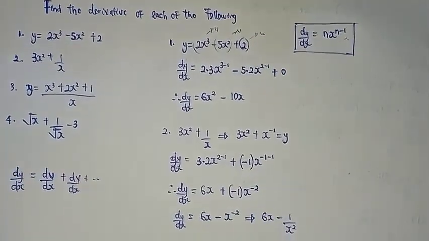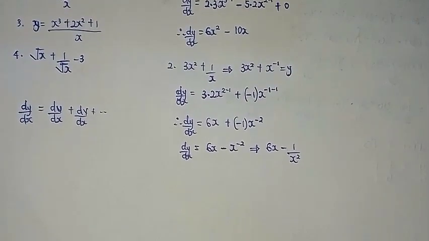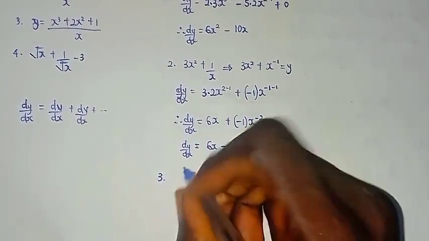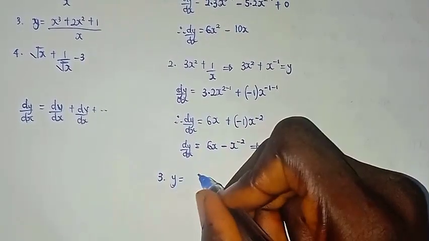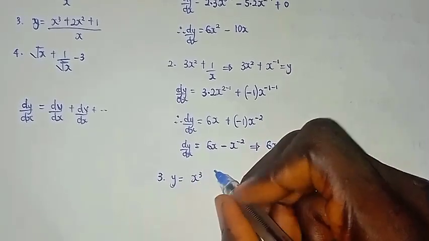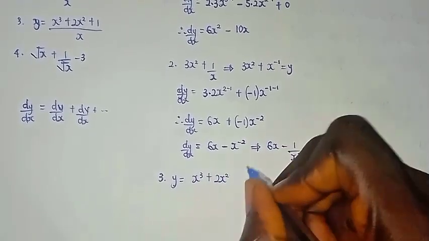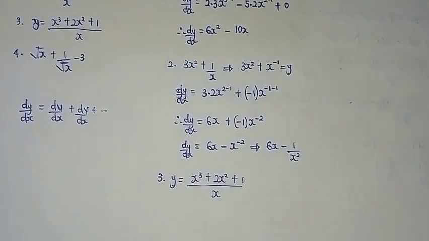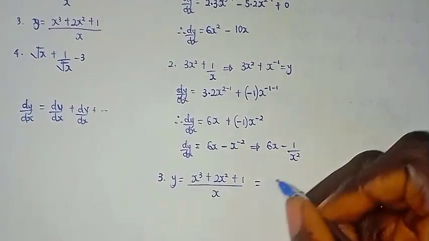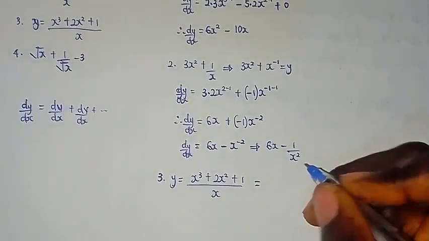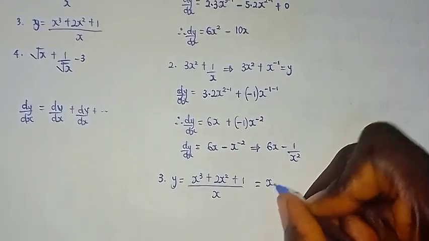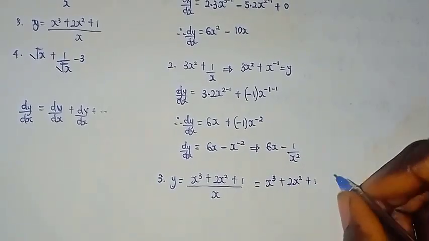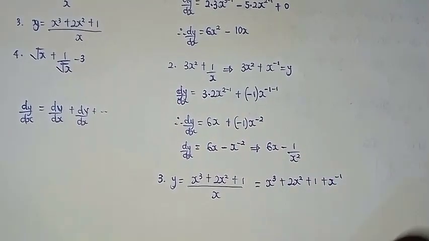Now let's look at our third question. Our third question is y equal to x raised to the power of 3 plus 2x squared plus 1, all over x. We can simplify this further using the laws of indices. So this becomes x raised to the power of 3 plus 2x squared plus 1 plus x raised to the power minus 1.